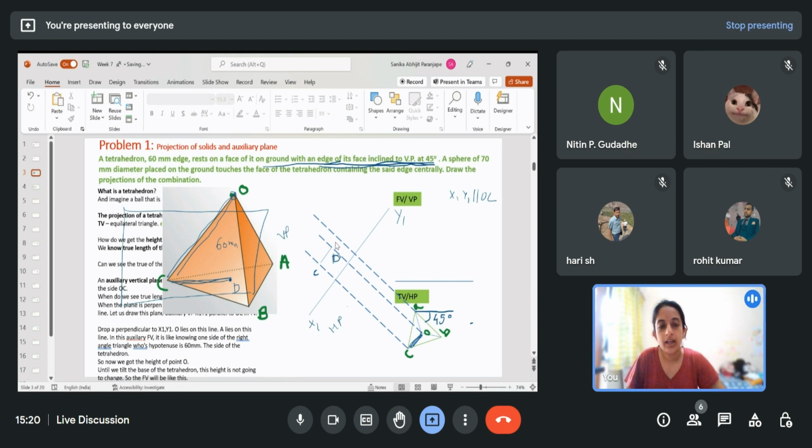And now if I take the rounder and have 60 length in the rounder, and I mark from C to intersect this dashed line, I will get the height of point O. So let us draw such a line there.